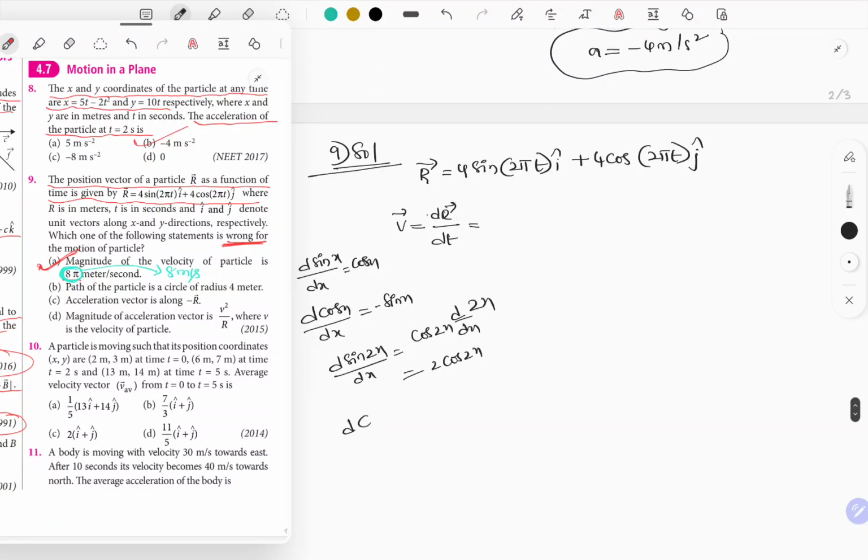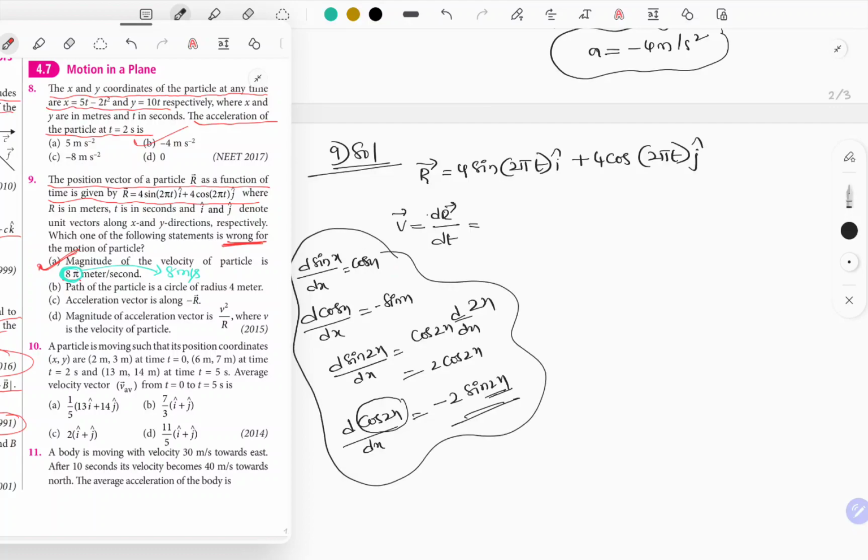What if d cos 2x is present? With respect to dx, what's the differentiation? It is going to be minus 2 sin 2x. Cos 2x differentiation is minus sin 2x, and 2x differentiation is 2. It is called the chain rule. So try to understand. Now in this case, I have to differentiate the same thing.